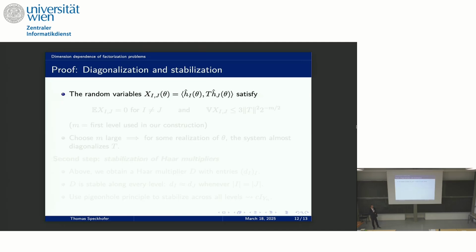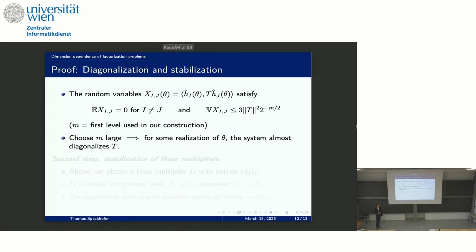And one can show, and this takes a few pages of computations, it's a bit tedious, but one can show that the off-diagonal entries, xij for i not equal to j, have expected value 0. And in any case, the variance of xij is very small. So it's at most something involving 2 to the minus m/2, where m is the first level that we use in our construction, so where we started our construction.